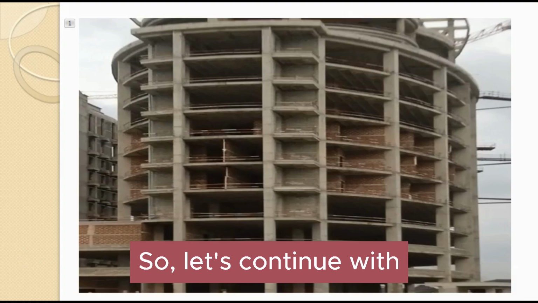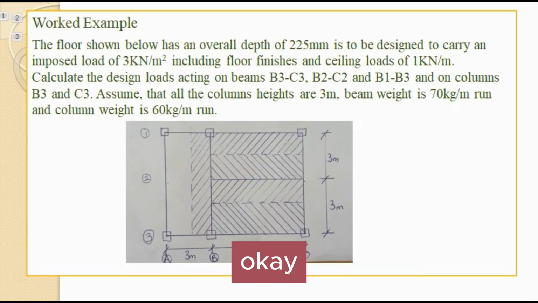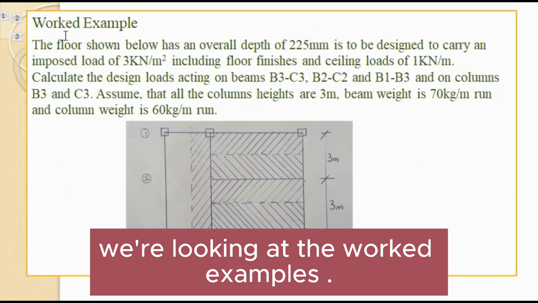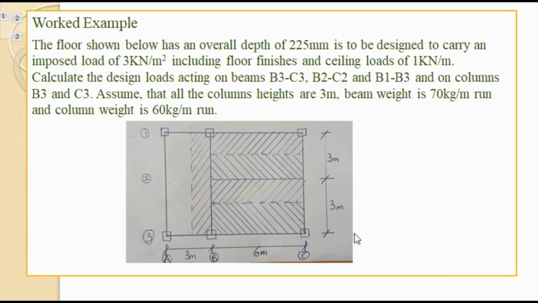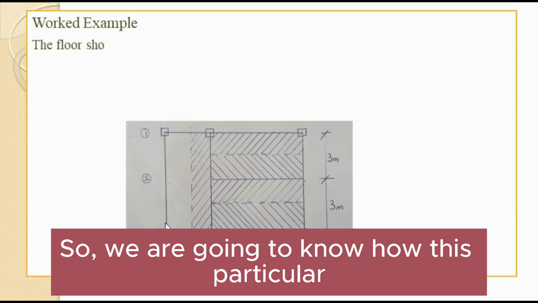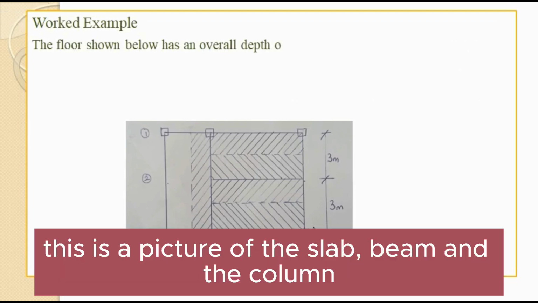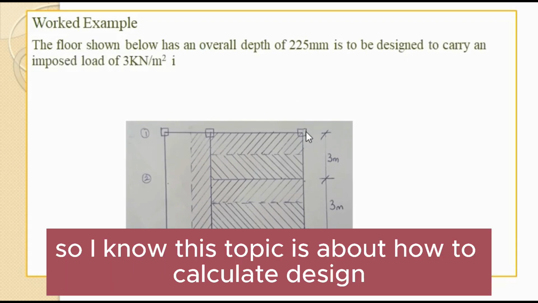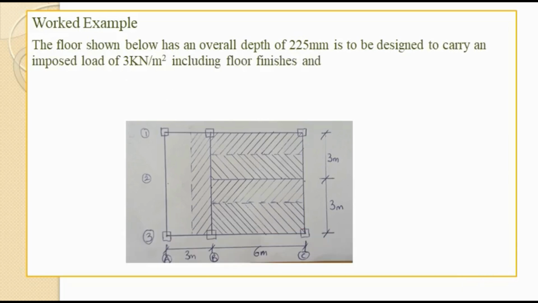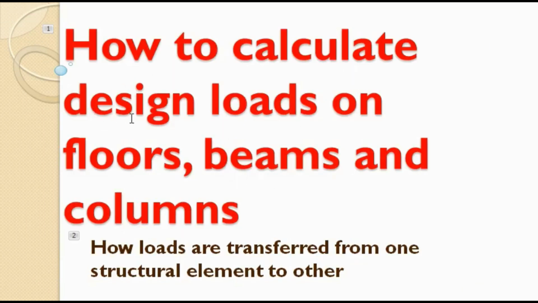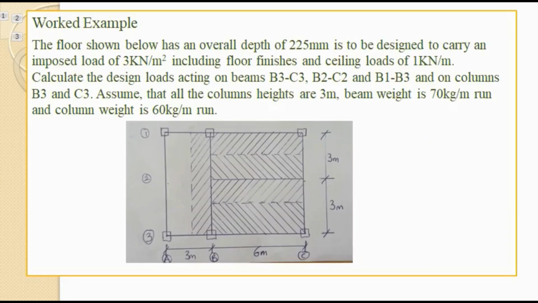So let's continue, we are looking at the worked examples. Now, worked examples. So we are going to see the position of a slab, a beam, and a column. The topic is about how to calculate design loads on floors, beams, and columns. Now the floor, shown below with an overall depth of 225, that is the slab thickness, should be designed to carry an imposed load.